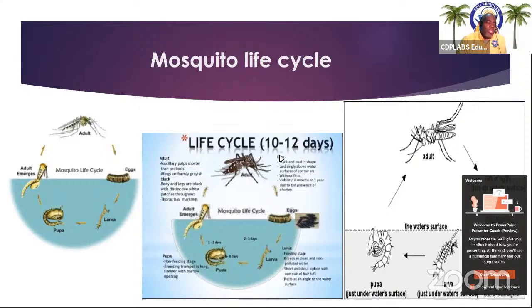Now, this picture gives us more details that the life cycle of the mosquito is 10 to 12 days. Can you imagine that? 10 to 12 days. That's a life cycle, so they don't live long. That's what I tried to tell you. Unless they are telling us the life cycle in terms of reproduction.